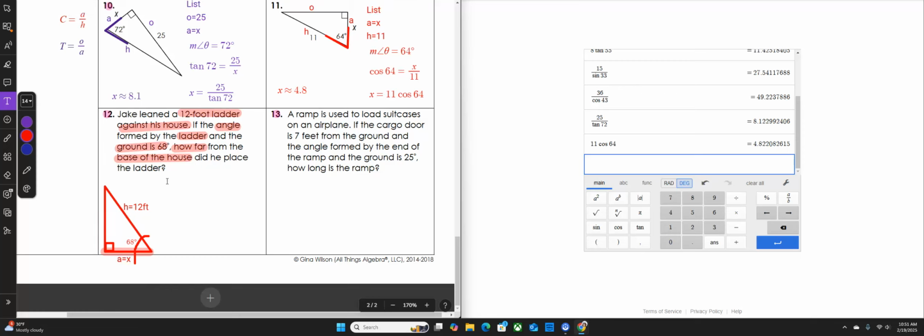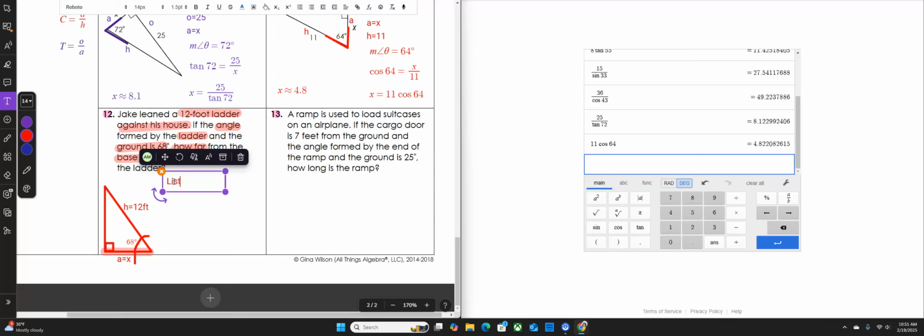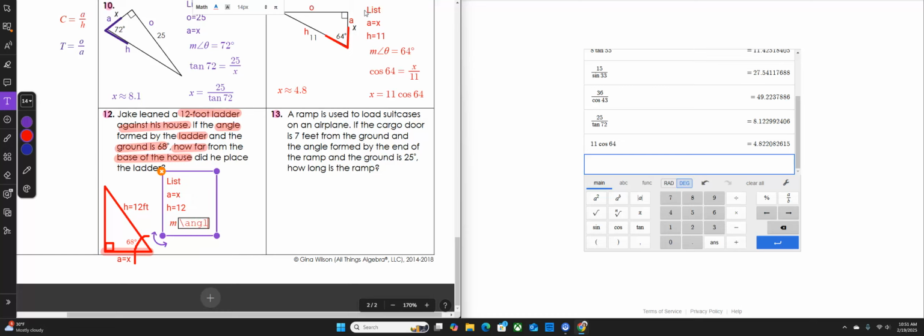So now I'm going to make my list. Notice I'm not even labeling O. I see that I have something for adjacent. I see that I have something for hypotenuse. A is going to be my unknown. H is going to be 12. And the measure of angle theta is equal to 68 degrees.